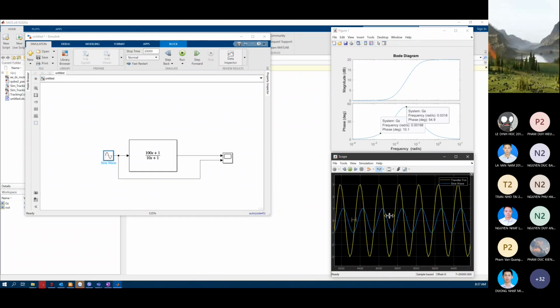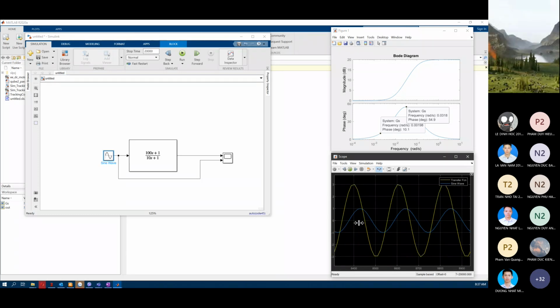It's easy to see here with this one. You see, the sine wave input here is the blue one, and the yellow is the output signal. Okay, and the output is advancing the input by almost 55 degrees.